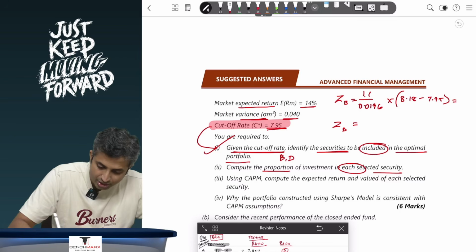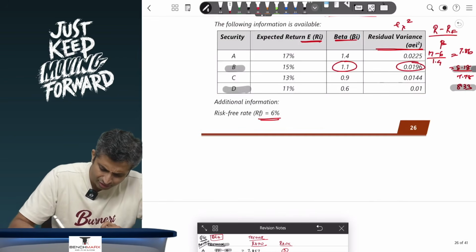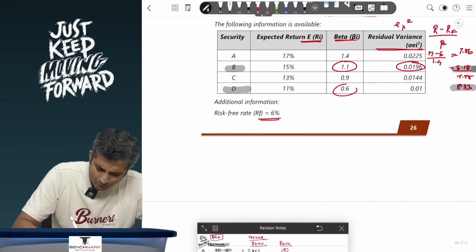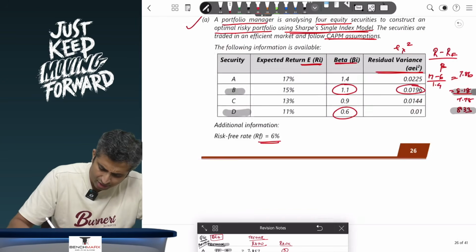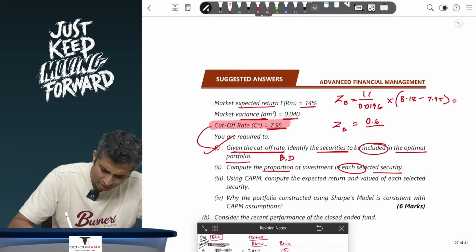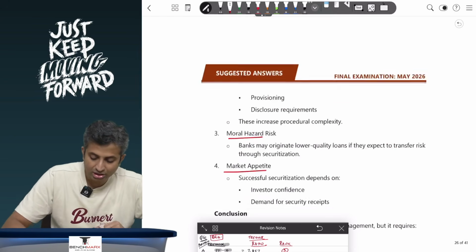You will do this working to find the Z of B, then you will find the Z of D in a similar fashion, where you will have 0.6 upon the residual risk, 0.01, into 8.33 minus 7.95. You deduct the final cutoff point.